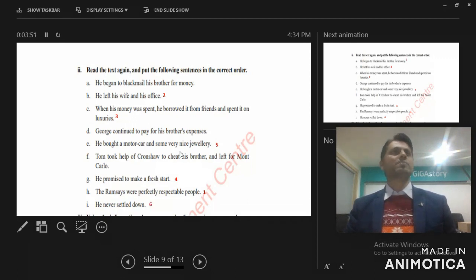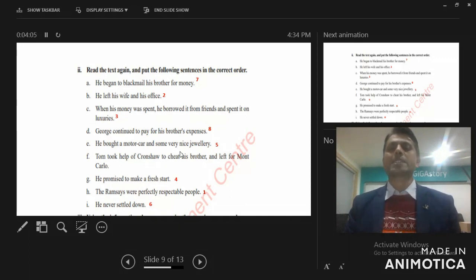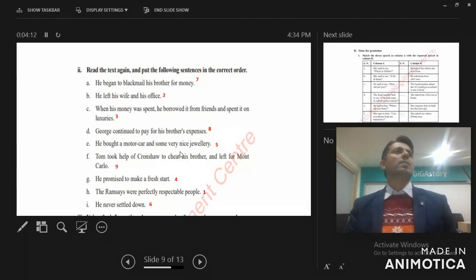Number six: he never settled down. Number seven, look here. Number eight: he began to blackmail his brother for money. Then look at number D: George continued to pay for his brother's expenses. Last but not least, Tom took the help of counsel to cheat his brother and left for Monte Carlo.